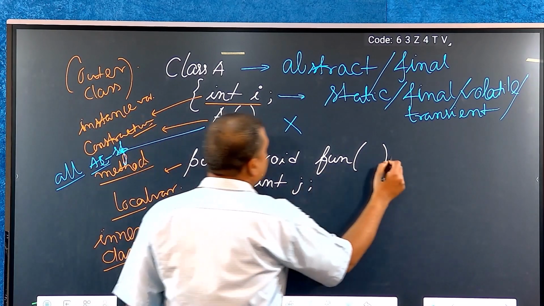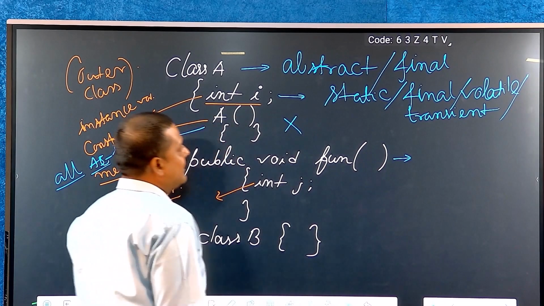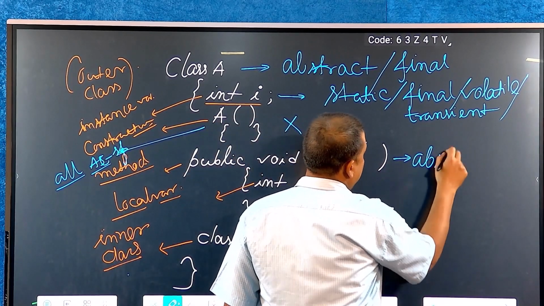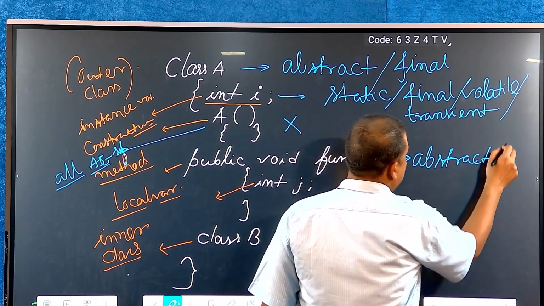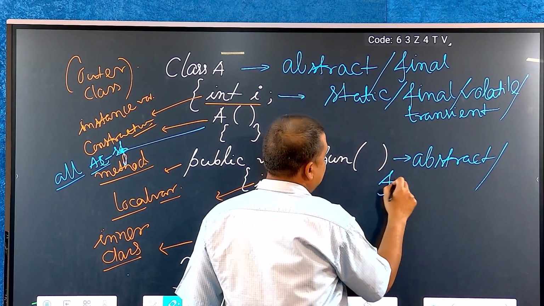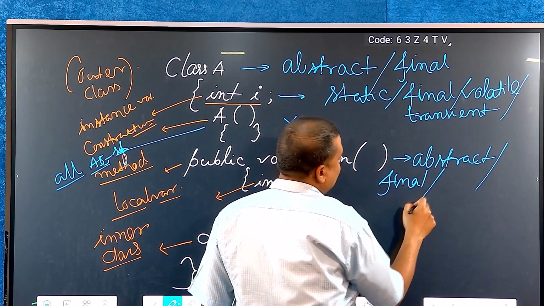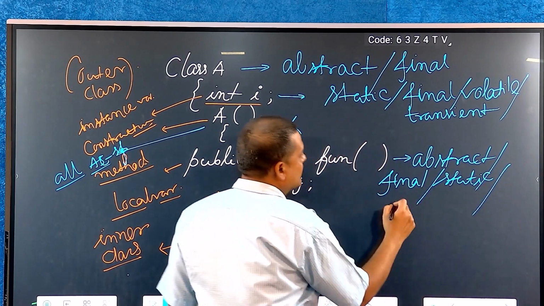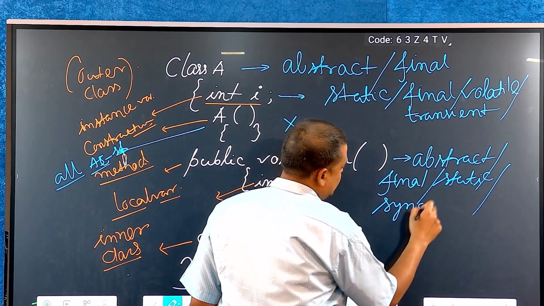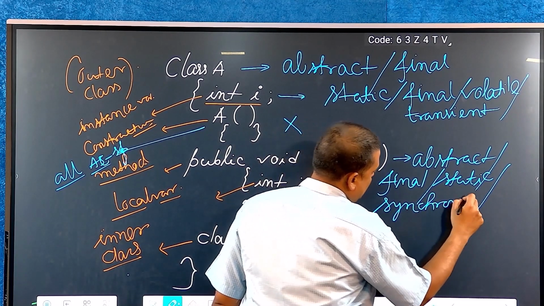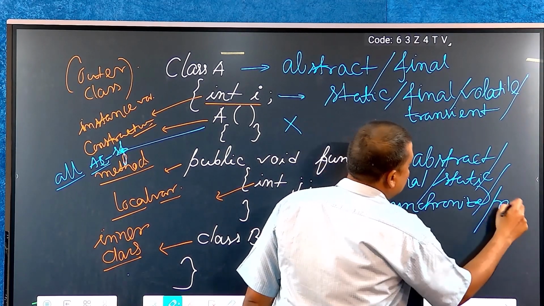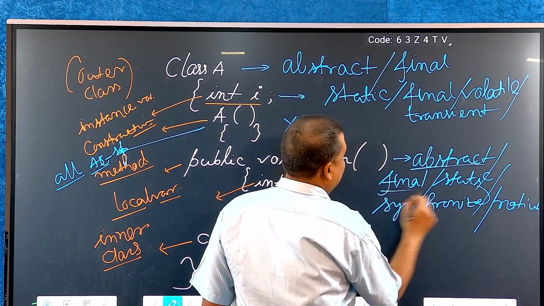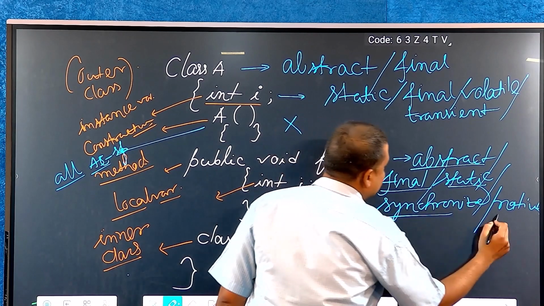Coming to the method which is a member of a class, it can be declared as abstract, final, static, synchronized, or native. So, abstract, final, static, synchronized and native.